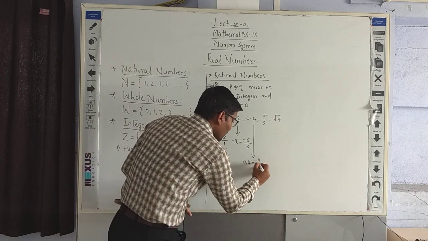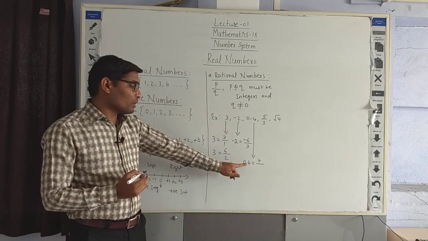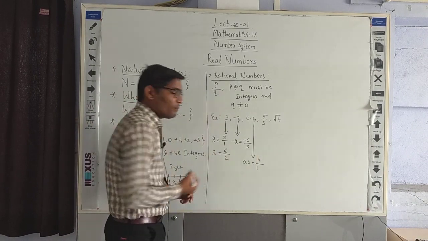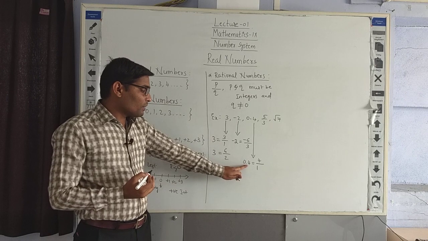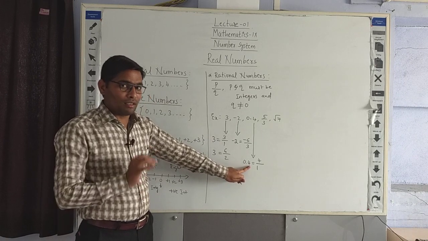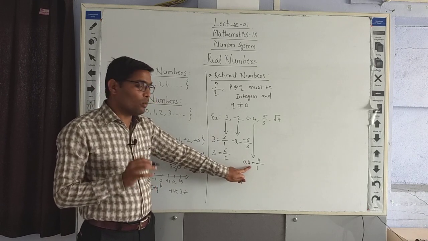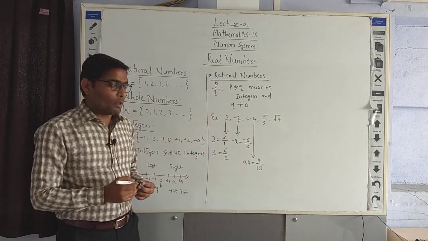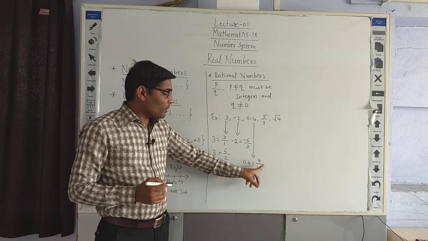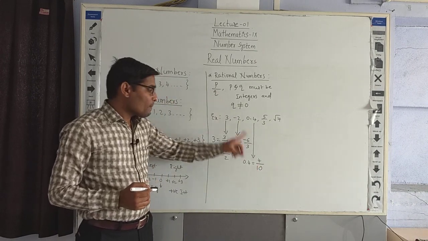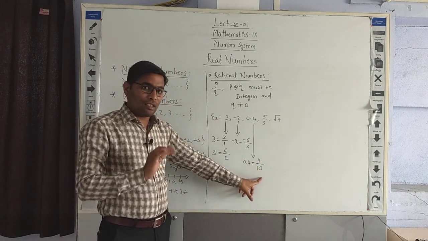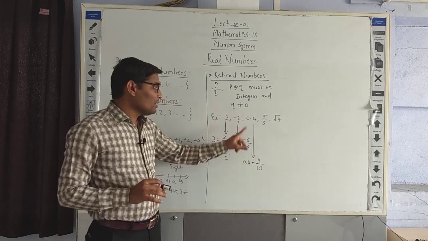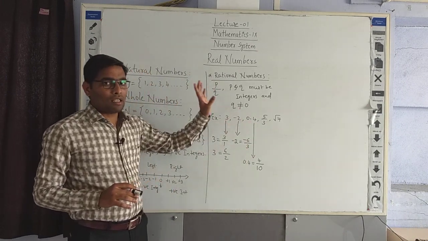First we write the numerator as it is without the decimal point. It will become 4, and for the denominator first write a 1. Then after the decimal point, count the number of digits. Here after the decimal point only one digit is there, therefore we will write only 10. Then it will become 4 by 10. 4 by 10 is in the form of p by q. Both 4 and 10 are integers and 10 is not equal to 0. It means that 0.4 is also a rational number.